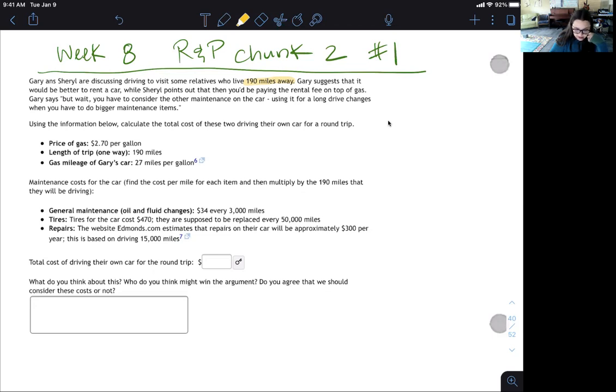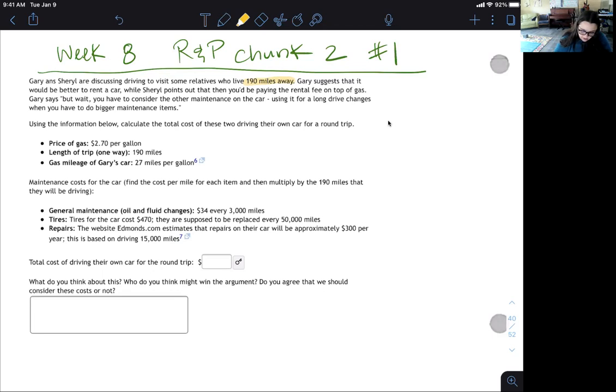Gary says, but wait, you have to consider the other maintenance on the car. Using it for a long drive changes when you have to do bigger maintenance items. Using the information below, calculate the total cost of these two driving their own car on the road trip.